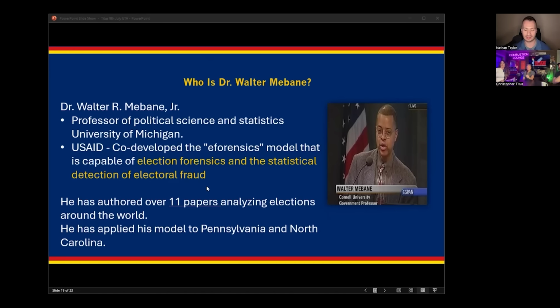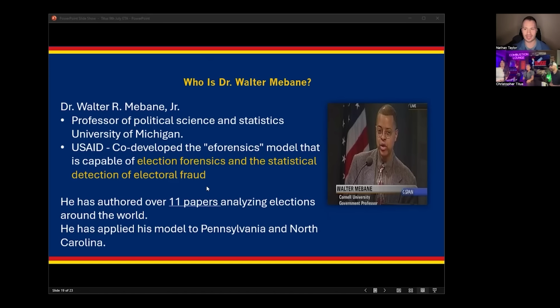So we reached out to him and said, hey, we have an analysis on Pennsylvania. We have concerns. He ran the entire state of Pennsylvania through his model and gave us his working paper. We also did the same thing for North Carolina. So he has applied his e-forensic model to North Carolina and Pennsylvania, and he has put papers out.